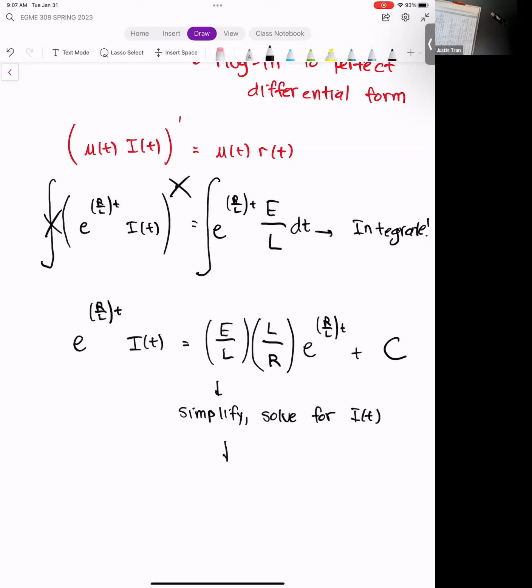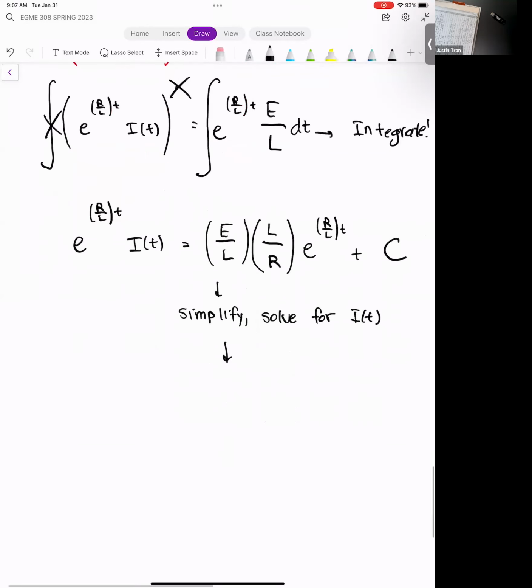All right, so let's take this equation and simplify it. Let's solve for I of t. To do that, we're going to divide both sides by e to the R over L t. If we divide both sides by e to the R over L t, this and this are going to cancel out.